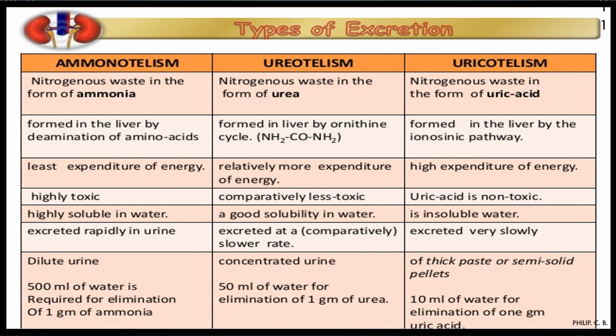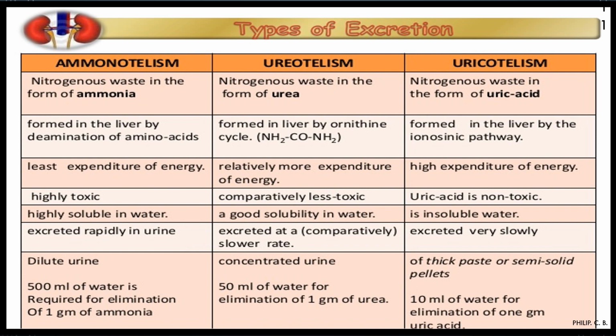Then ammonotelism, least expenditure of energy. Ureotelism, relatively more expenditure of energy. Uricotelism, high expenditure of energy. Highly toxic compared to less toxic. Uric acid is non-toxic. Highly soluble in water, a good solubility in water, insoluble in water.